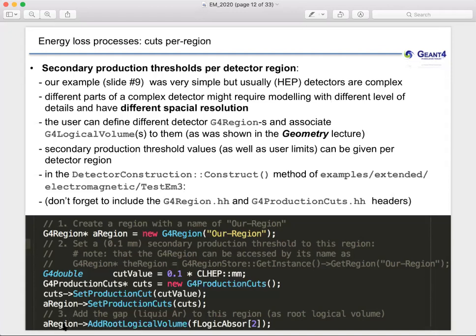Okay. Then, if you have the region, you set up the production threshold, you can add a logical volume, which is this fLogicAbsorber. What I'm adding here is actually the liquid argon part of this detector. It's as simple as this.